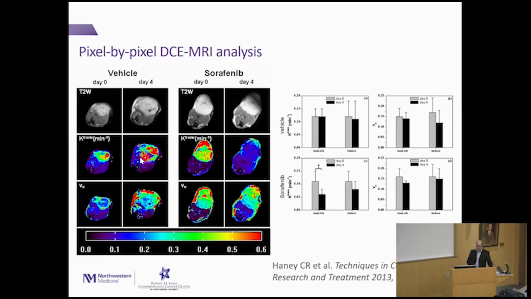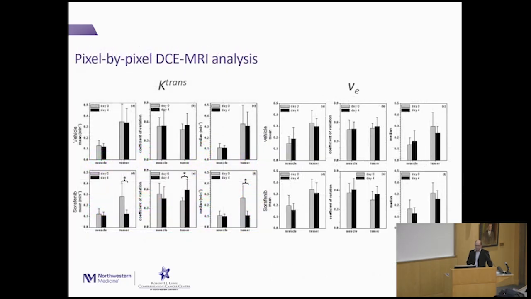I mean, that looks pretty different from that. So it's just a little bit of math trickery that we were able to show that it's significantly different in this K-trans parameter and not this permeability parameter.